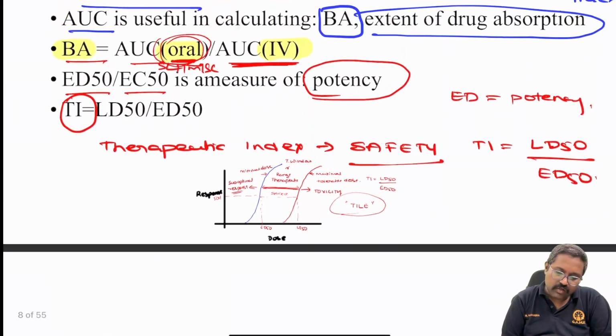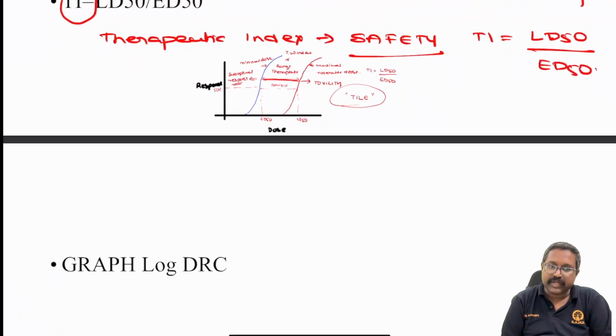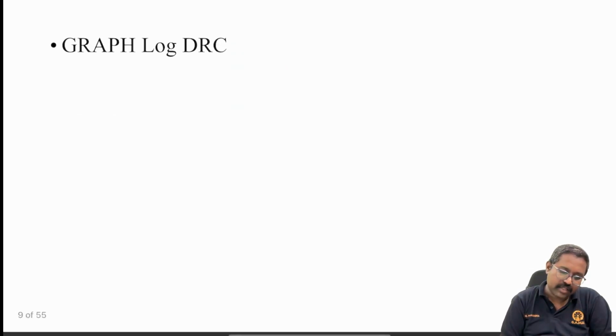So that's the log dose response curve you have seen here with respect to the therapeutic index. What they can give is a diagram.